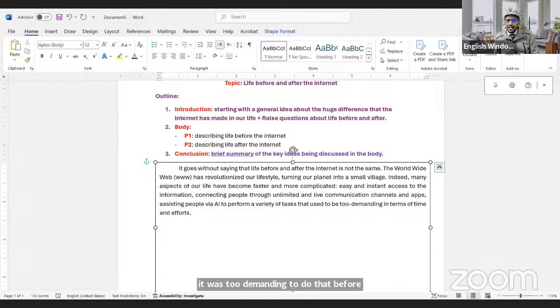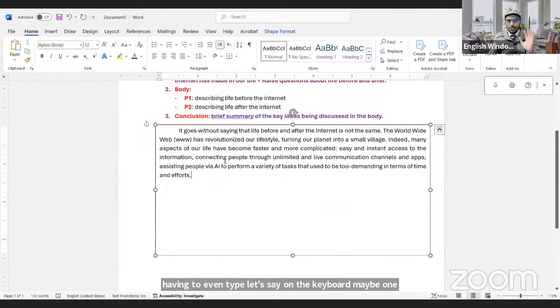But after AI, as you can see, a very simple technology being created here is this dictate option, or this audio recognition ability that Microsoft Word has. So I can very simply just dictate without having to even type on the keyboard. Maybe one day we may do without the keyboard at all.